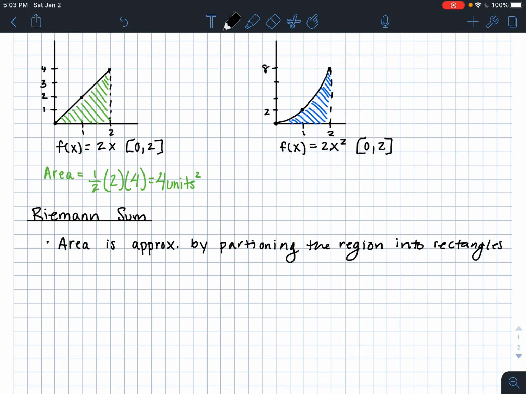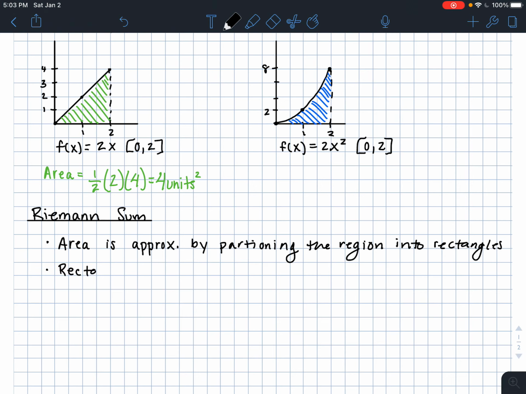Right, so you find the area of each rectangle and add them all together. Right, so pretty straightforward. We're just going to be splitting up the area that we're trying to find the total area of into geometric shapes that we know how to find the area of, and then we're going to add up all of those little areas together to get the overall area approximation.